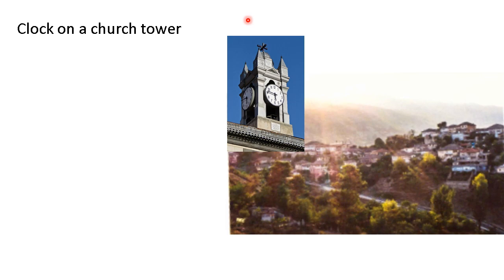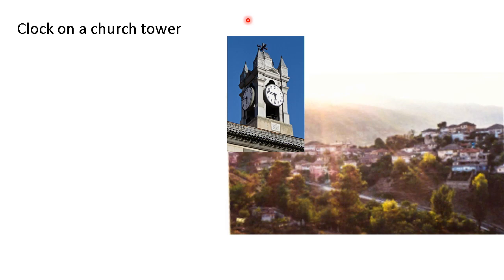Other clues that would help us to understand the time of day and the period of the year would be perhaps to see certain buildings. For example, the clock on a church tower. This would tell us the time of day.